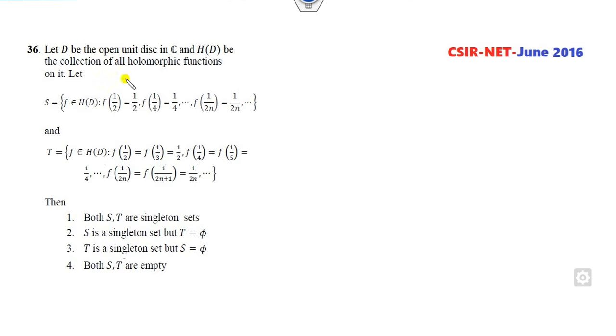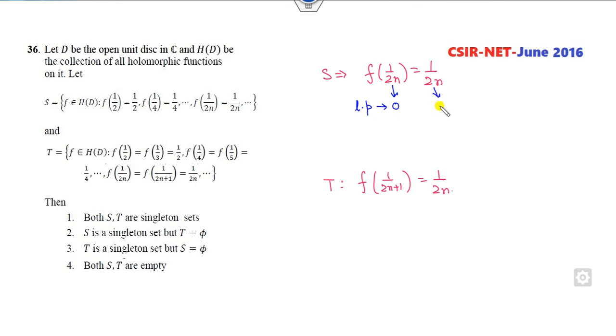Okay, f is there, so singleton, and here what is S given to you? S is given to you of this nature and T is given to you of this nature. Now again, the limit point of this is 0, the limit point of this is 0.